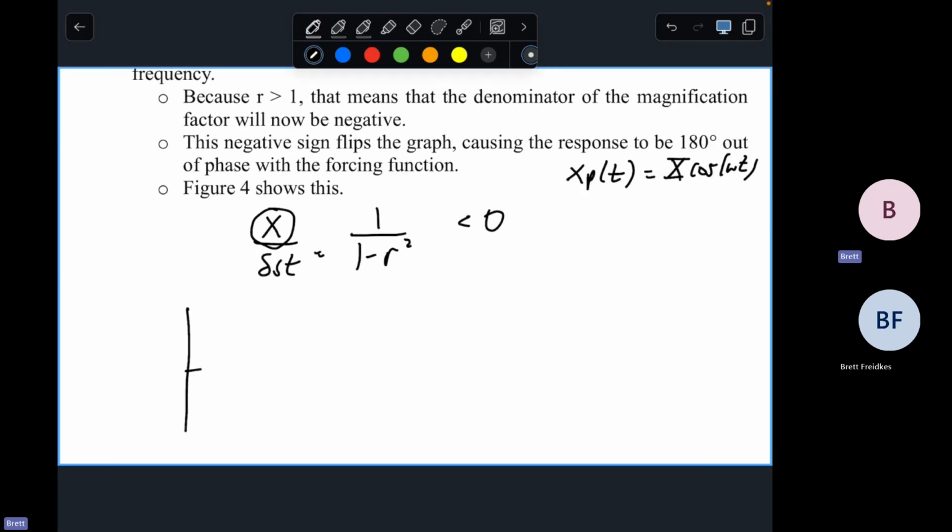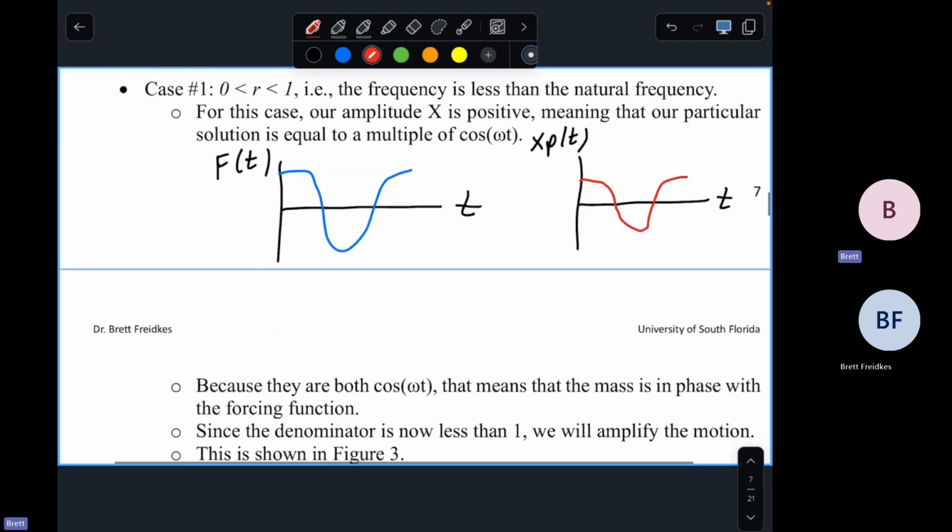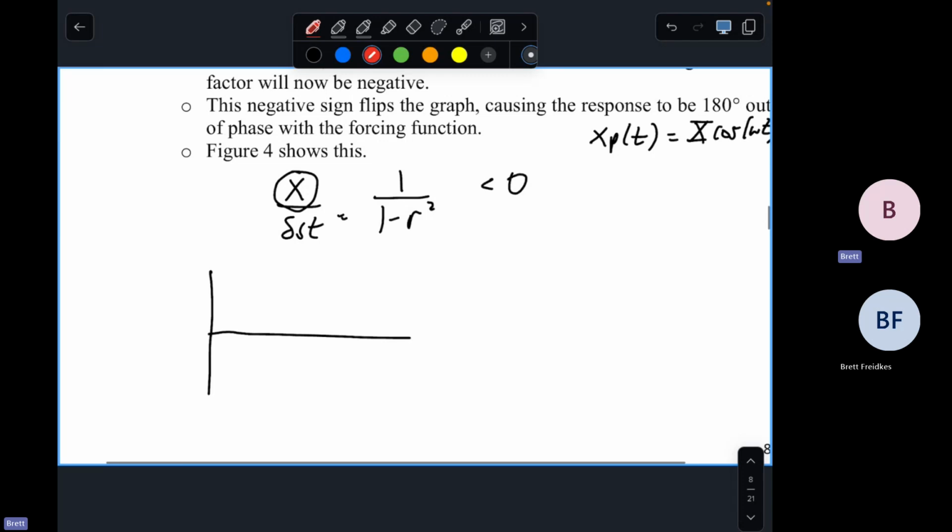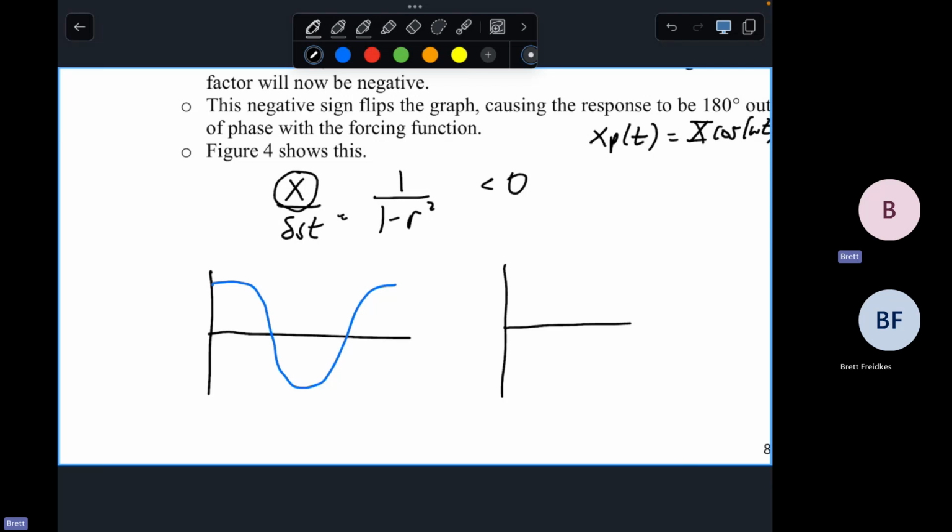So if I draw the same picture where I say, okay, here's the force, what colors did I use before? I used blue. If I look at the force, we'll have the same cosine wave. But now because x is negative, this is t, this is f of t, this is x of t, it will flip it about the x-axis, which is equivalent to 180 degrees phase shift.